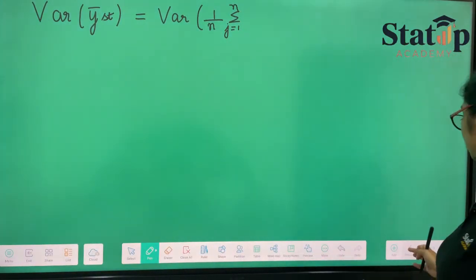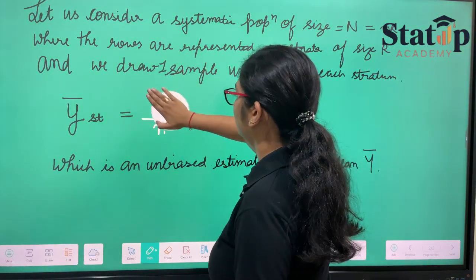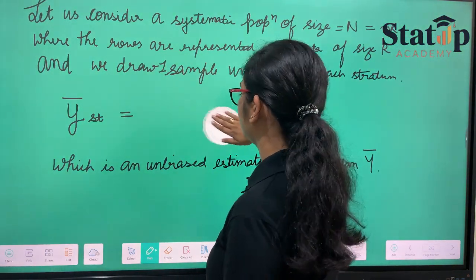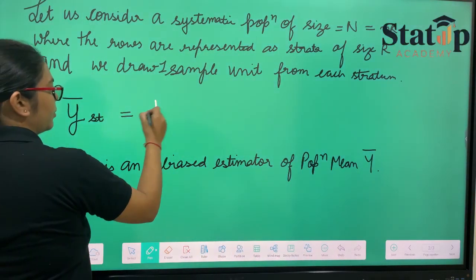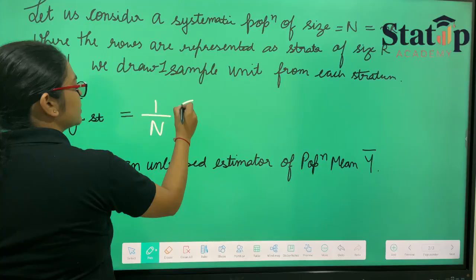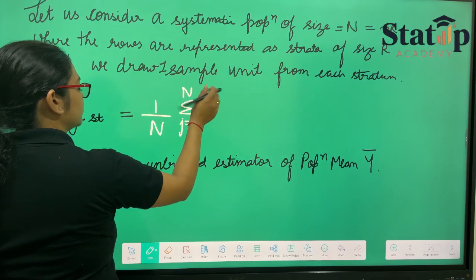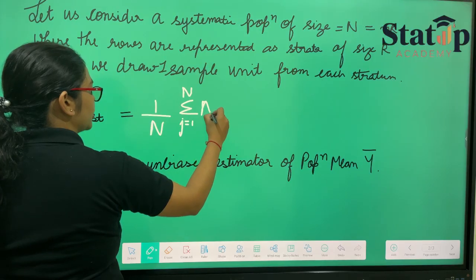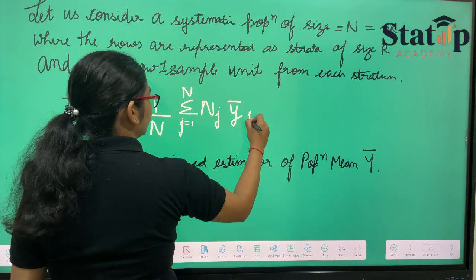Let us take this in the general form, not for this one only. So it will be 1 upon capital N summation j goes from 1 to capital N, nj into y bar j.